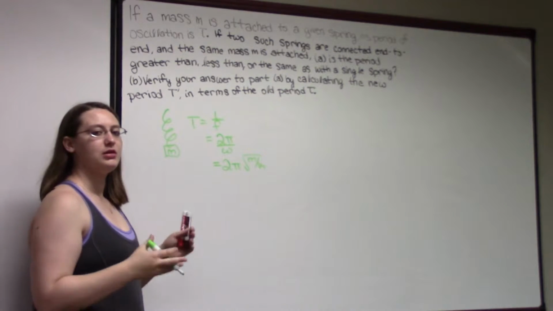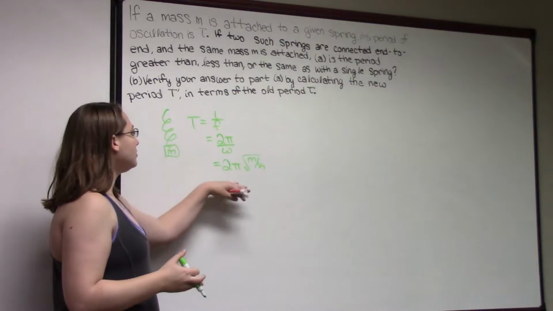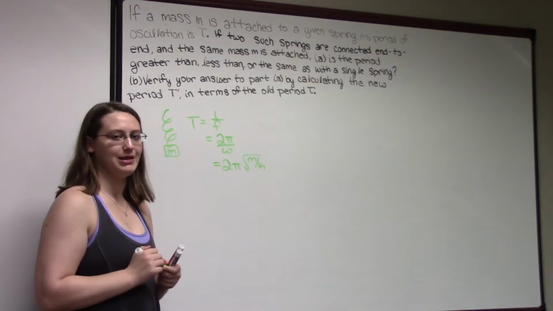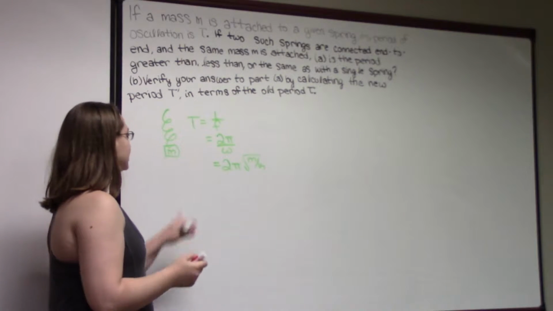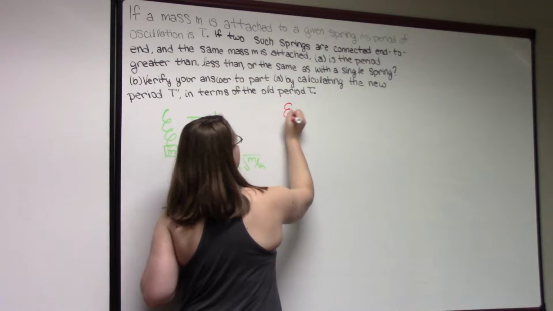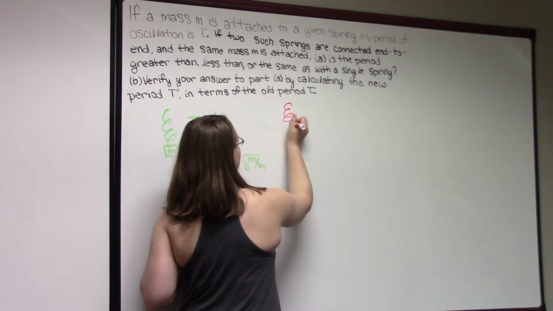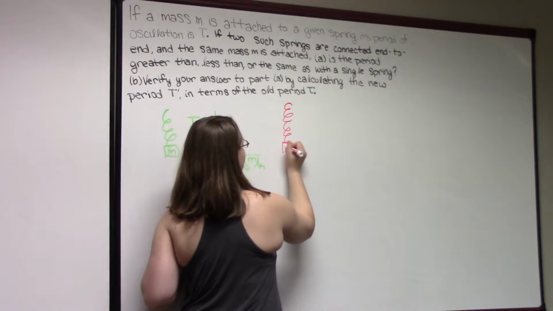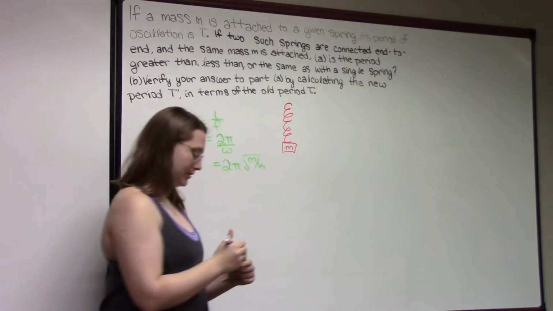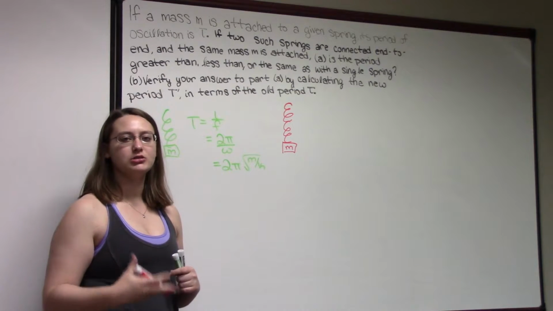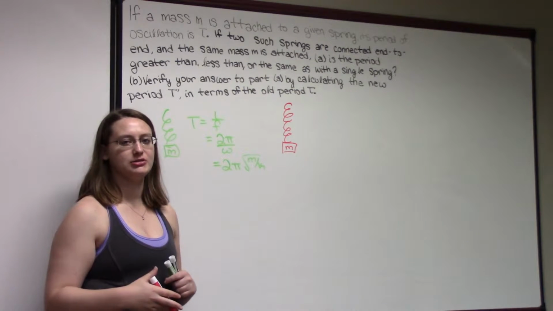So we're going to have 2 pi times the square root of m over k. Okay? So the real question now is how k changes when we add another spring in series. So instead of just having this one spring, we now have that spring attached to another spring with the same mass m attached. When we have springs in series, our spring constant does change.